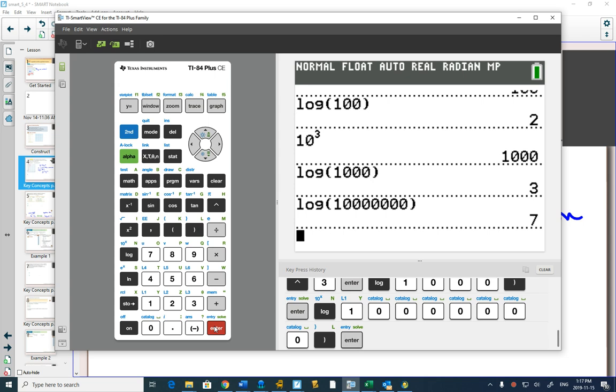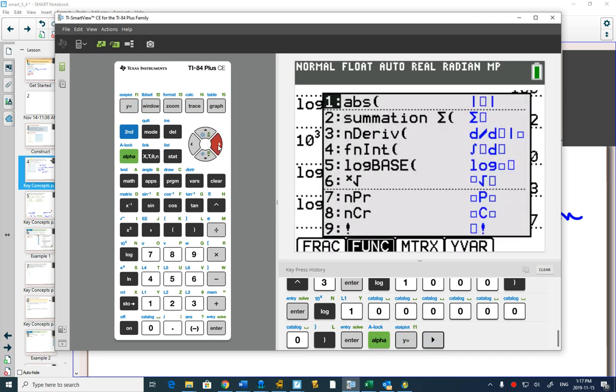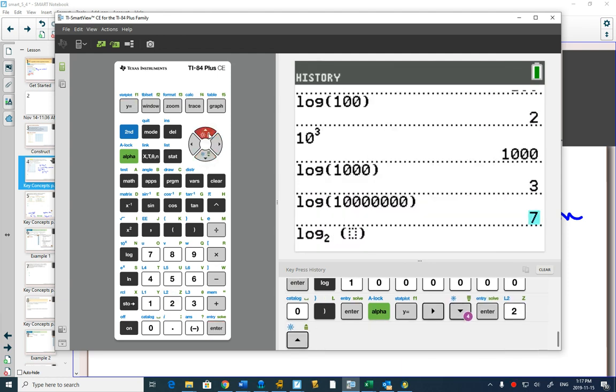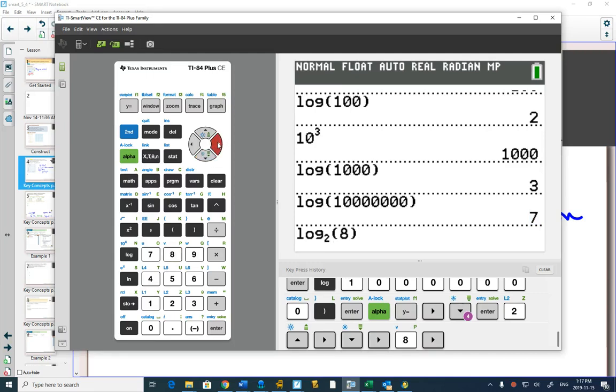So we see that logarithms solve for exponents. If you have log base 10 of 10 million, the exponent would have been 7 to make that happen. Any guesses what this would equal?